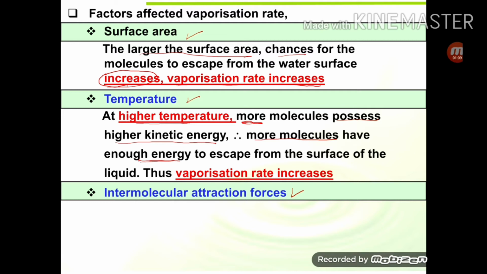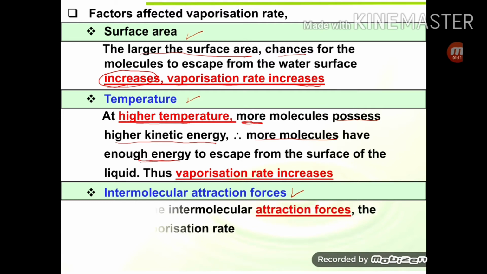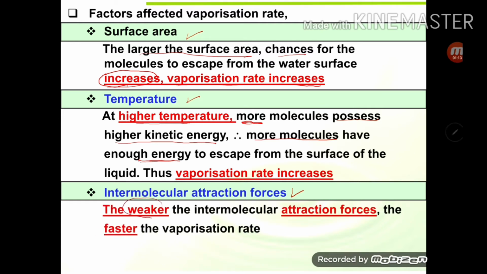Number three, intermolecular attraction force. The weaker the intermolecular attraction force, the faster the vaporization rate, or the stronger the intermolecular attractive force, the slower the vaporization rate.